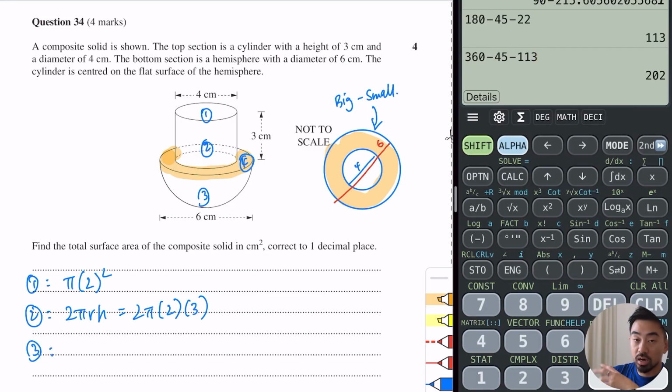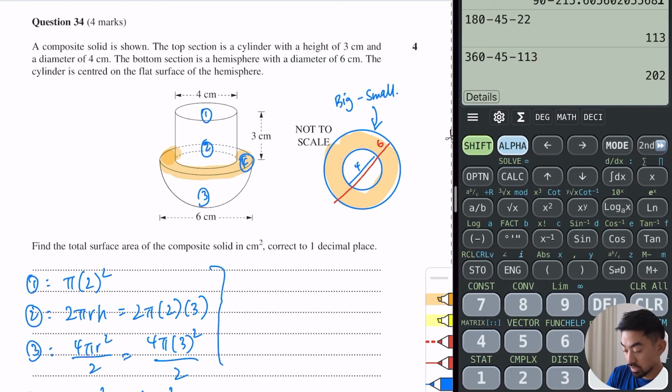Now we've got half a sphere. So a sphere is 4 pi r squared. Now we're going to halve it because we've only got half. So that's 4 pi 3 squared, because it's the big one, divided by 2. And then lastly, we've got our little donut shape, which is going to be big circle minus small circle. So pi times 3 squared minus pi times 2 squared.